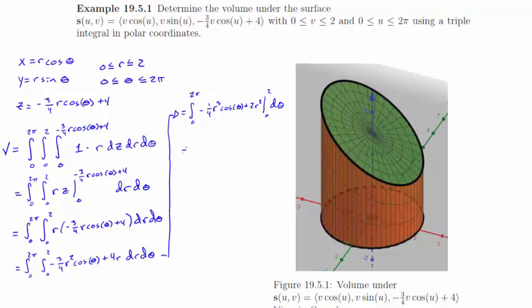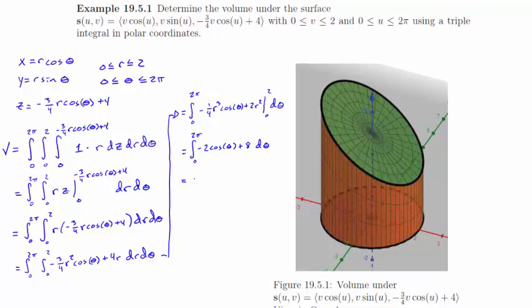So this isn't working out too bad. We can now plug in 2 for my r values. The zeros will all cancel out, so I don't need to worry about that. This equals the integral from 0 to 2 pi of 8/4, so negative 2 cosine of theta plus 8 d theta.